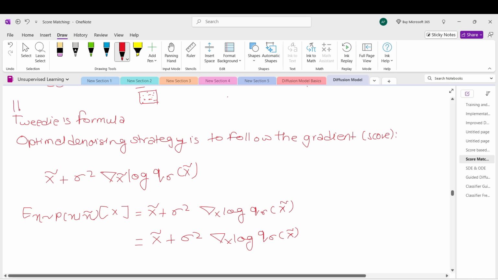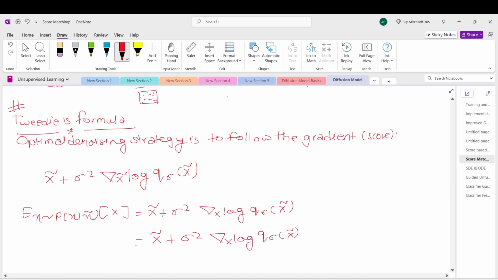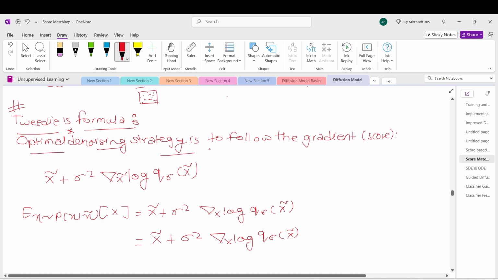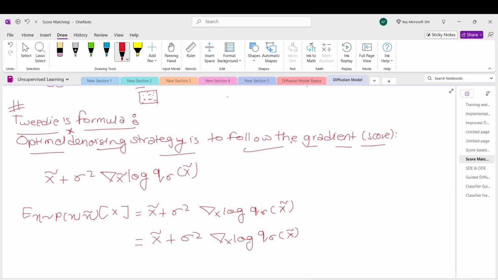there is Tweedie's formula. So what is Tweedie's formula actually? According to this formula, the optimal denoising strategy is to follow the gradient, or score. If we want to denoise, meaning if we want to get good samples, we follow the gradients.